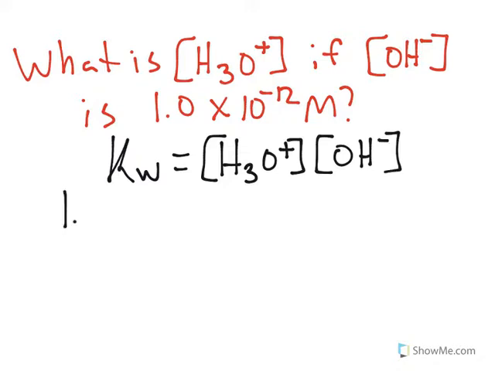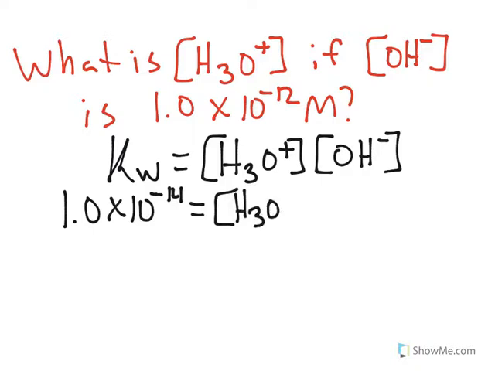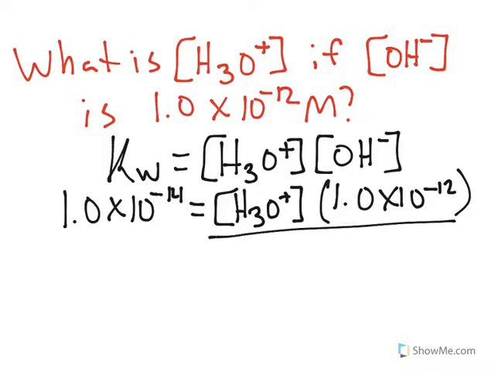We know Kw is 1.0 times 10 to the negative 14th. We're looking for the hydronium concentration, but we know the hydroxide concentration to be 1.0 times 10 to the negative 12. So since we're just trying to solve for this hydronium concentration, let's get it by itself.